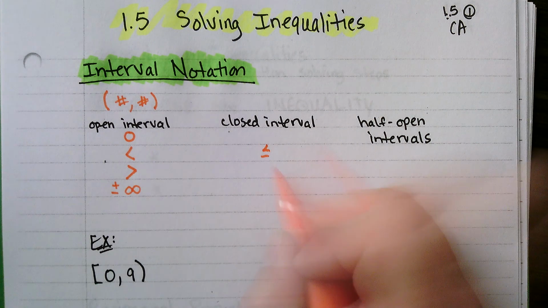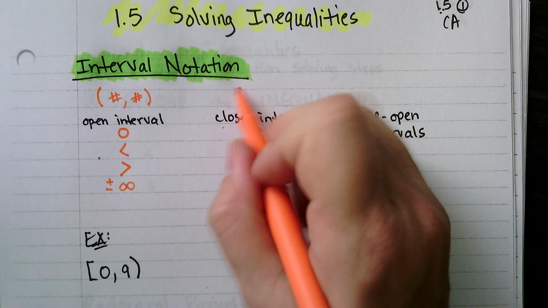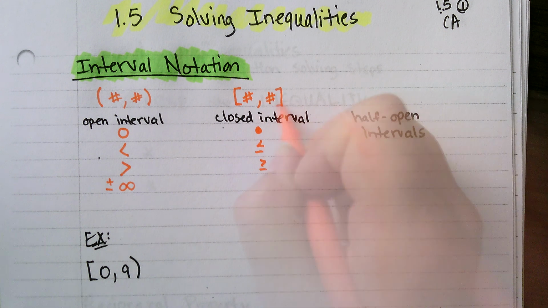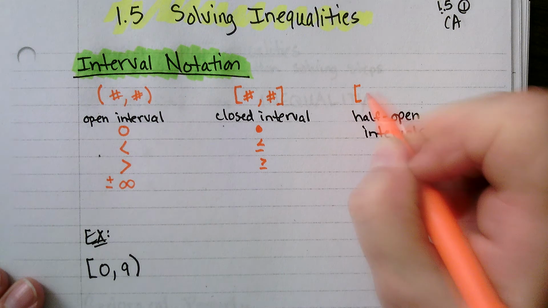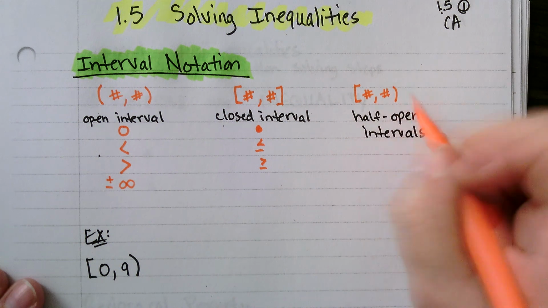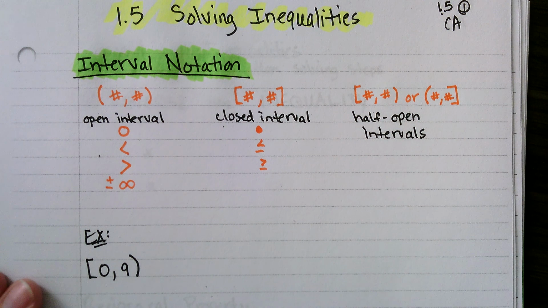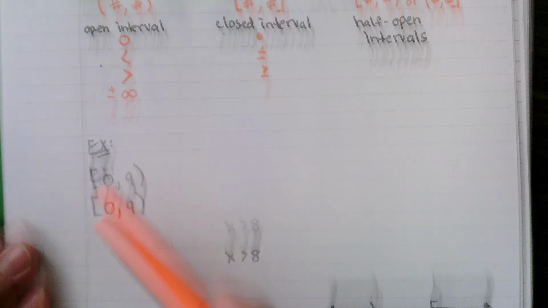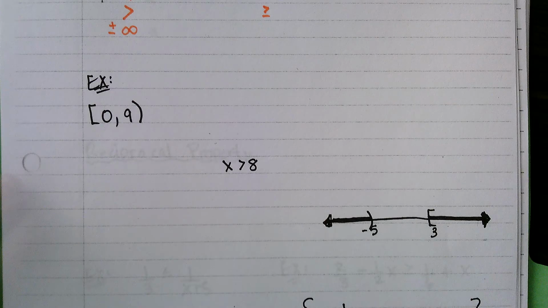So an open interval is going to be like less than or greater than. When you put that on a number line, it's going to have an open circle on the number instead of a closed circle. And we use those for infinity all the time. So open intervals are going to have two numbers, both using parentheses.